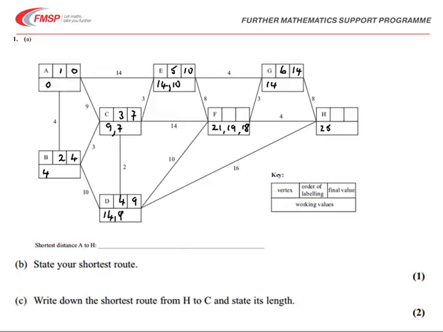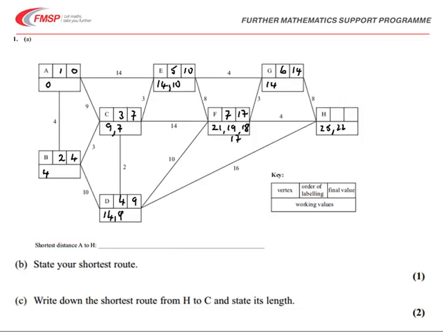From G we can reach H with a value of 14 plus 8 is 22. We can also come back to F. 14 plus 3 is 17, so I've not quite room on my diagram to get that. So 17 comes in there, and that becomes the next point to be labelled, 7th, with a value of 17.